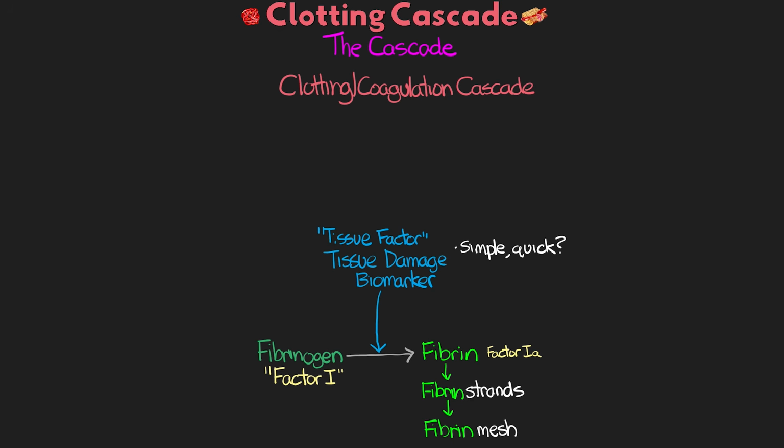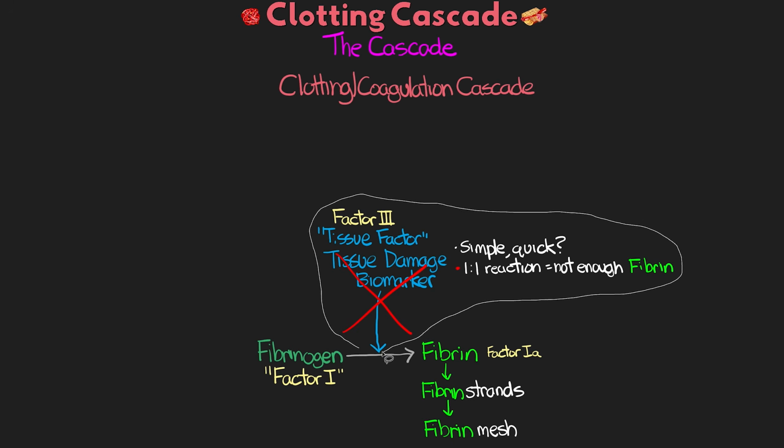This tissue factor is something that we also refer to as factor 3. And don't forget about this tissue factor, factor 3, because I will discuss this more in just a minute. The problem is that while this is simple and quick, by using a 1-to-1 type of reaction like this, so one molecule of factor 3 can at one time only convert one fibrinogen to fibrin, our bodies really would not be able to make enough fibrin to stop the bleeding.